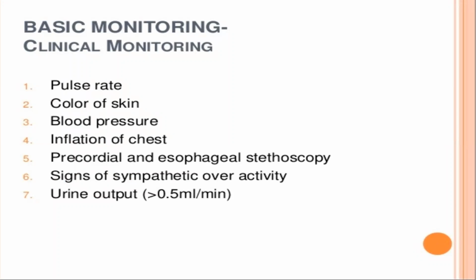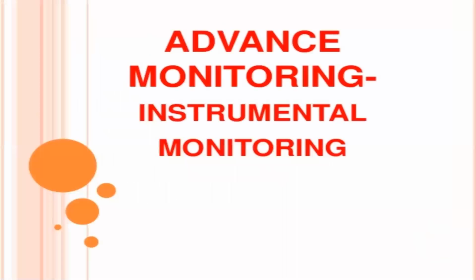Basic monitoring means clinical monitoring. It includes pulse rate, color of skin, blood pressure, inflation of chest, precordial and esophageal stethoscopy, signs of sympathetic overactivity, and urine output. Advanced monitoring includes instrumental monitoring.